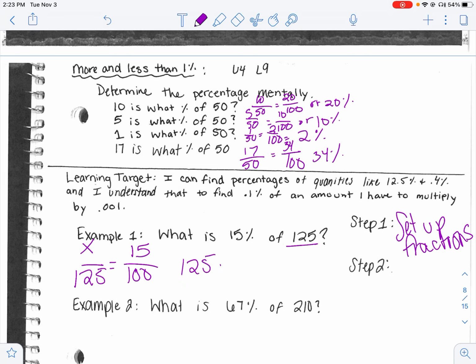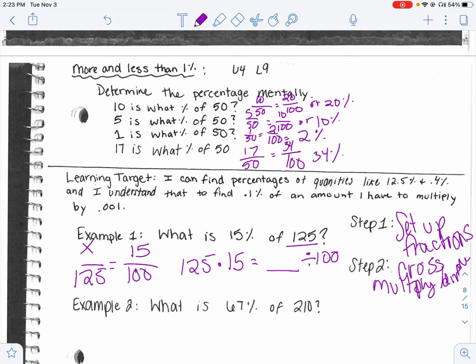Now we take 125 times 15. Whatever we get there, we divide by 100. So step 2 is cross multiply and divide.